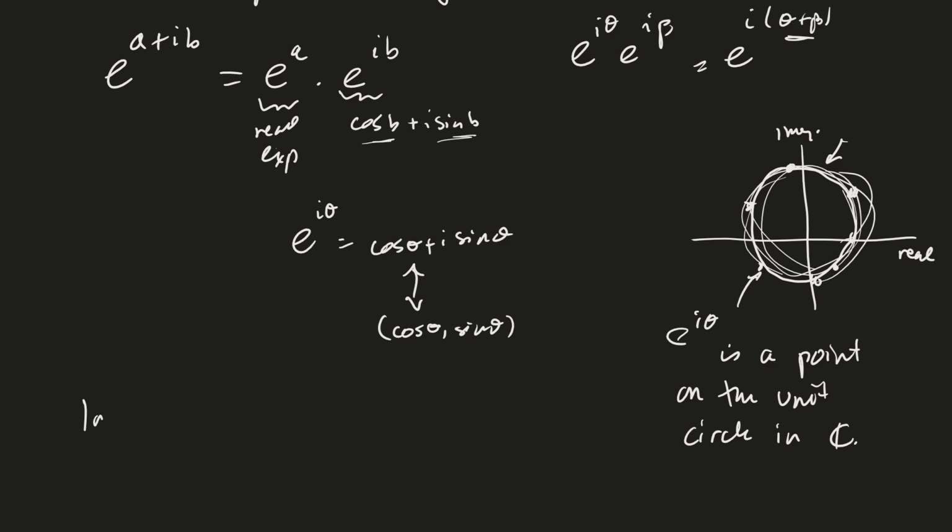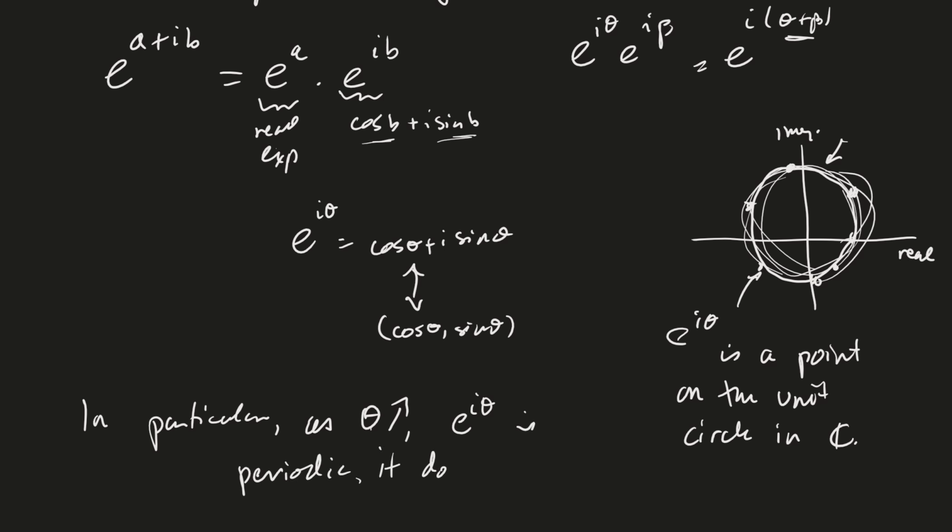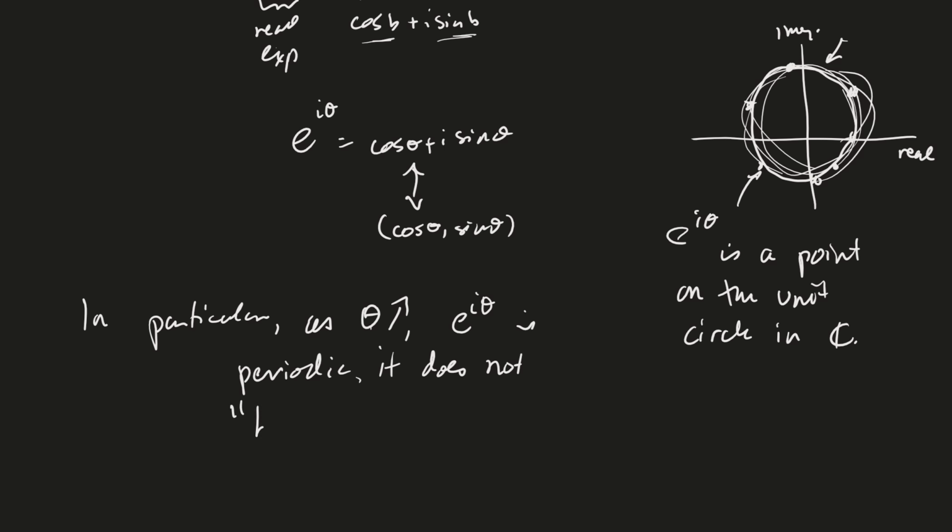So in particular, as theta increases, e to the i theta is periodic. It does not blow up. Okay, so that's going to be useful when we talk about some examples in the complex plane. Good. All right.